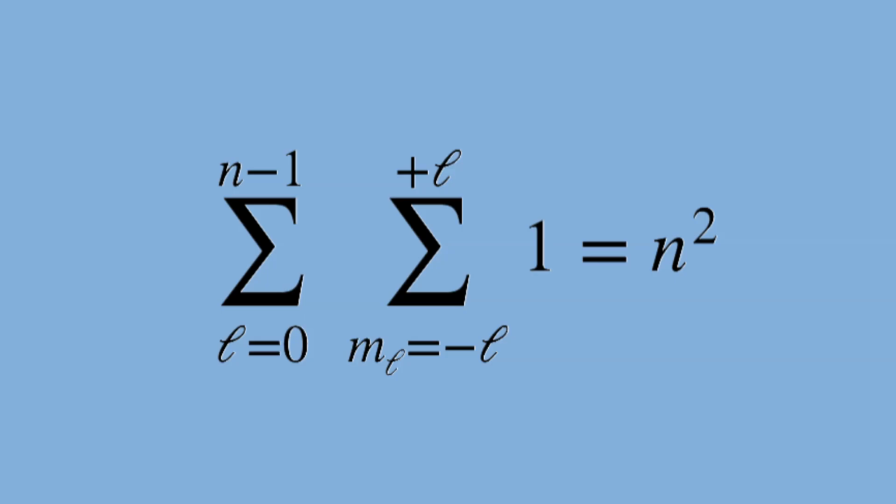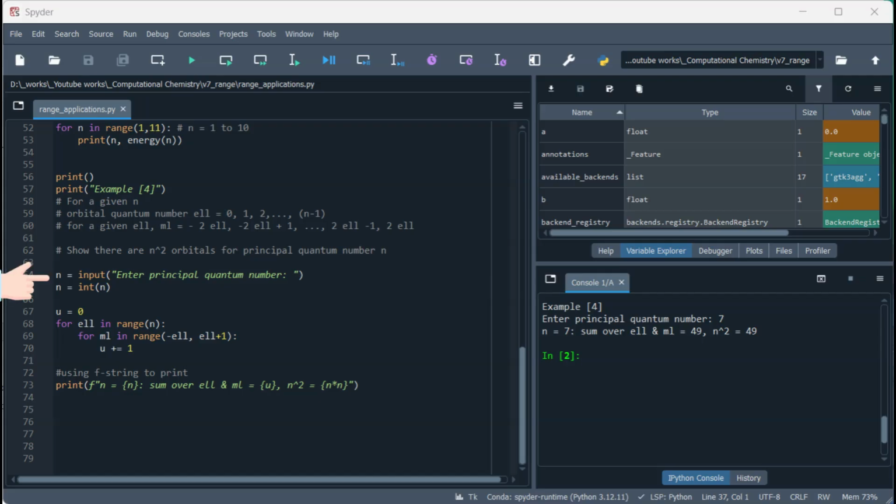the user inputs. N equals input("Enter principal quantum number"). N equals int(n). Initialize the sum of orbitals, u equals 0. Looping over l: for l in range(n), loop over m_l: for ml in range(-l, l + 1): u += 1.